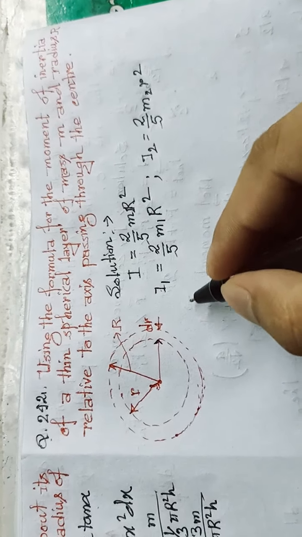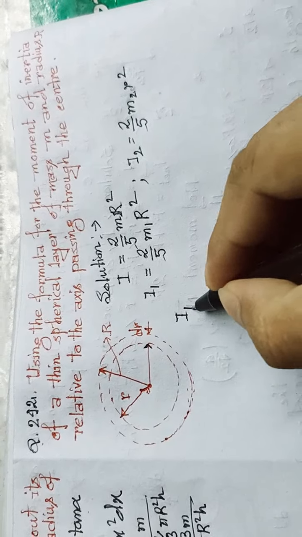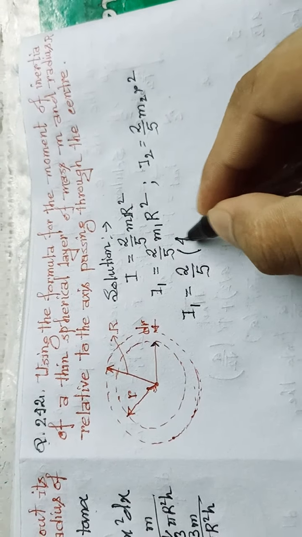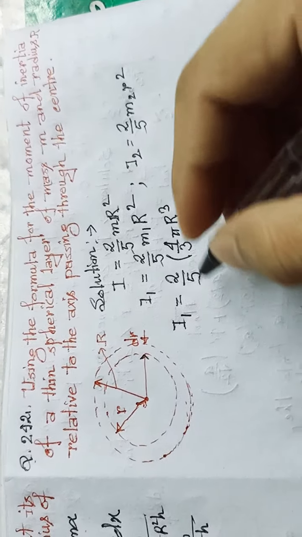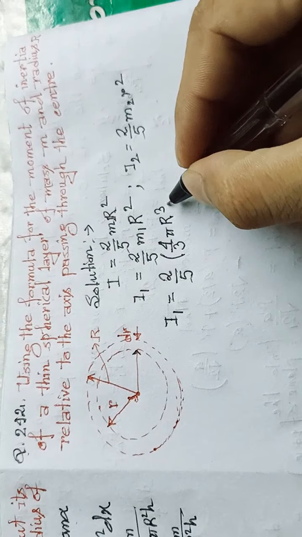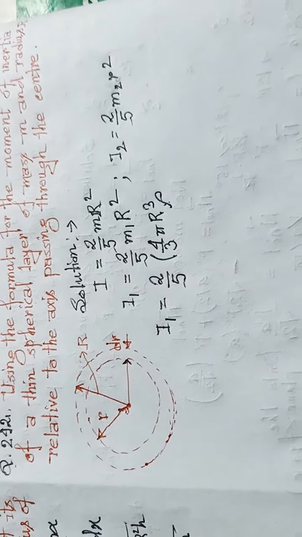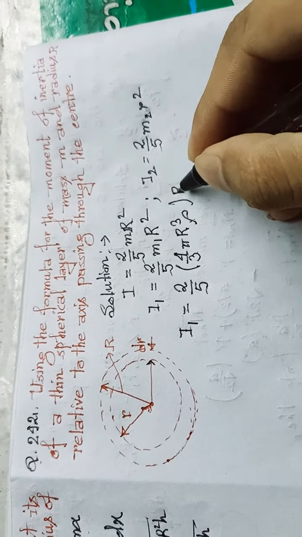Now we put the value of m1, so our I1 is 2/5 into m1, equal to 4/3 pi capital R cube, which is the volume of the bigger sphere, multiplied by rho. Volume into density equals the mass of the sphere, and it is again multiplied by R square.